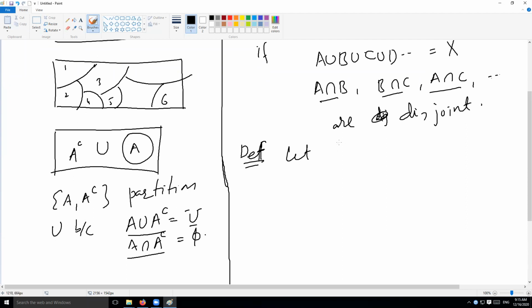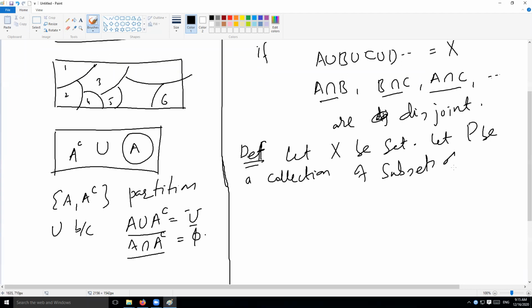Let X, for example, be a set, and let P be a collection of subsets of X. So there are some subsets, not necessarily all, some subsets of X. Then we're going to say that this set P is a partition of set X if two conditions are satisfied.